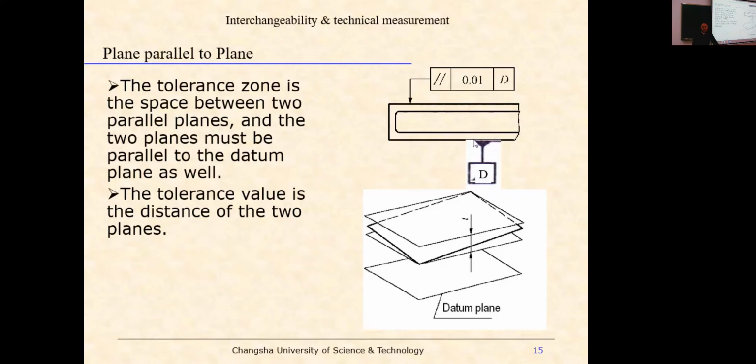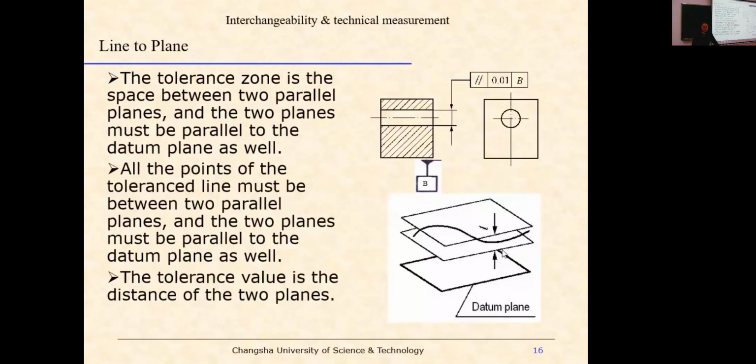This is the datum plane. The datum plane is D. The datum plane is here, and the tolerance zone is 0.01, right? We need to know how to draw the frame, the geometric tolerance. The tolerance value is the distance of the two planes, right? Like this one. The tolerance zone is the space between two parallel planes, and the two planes must be parallel to the datum plane as well. Like this one.